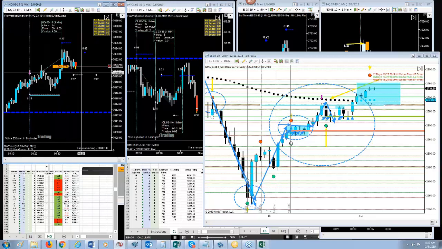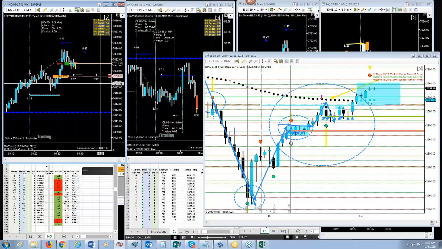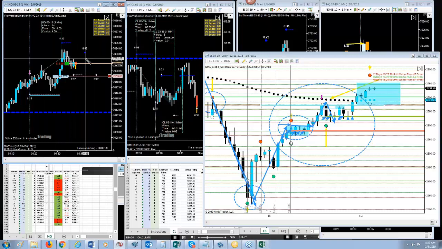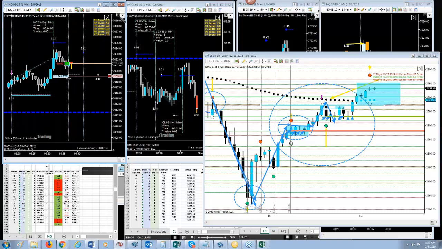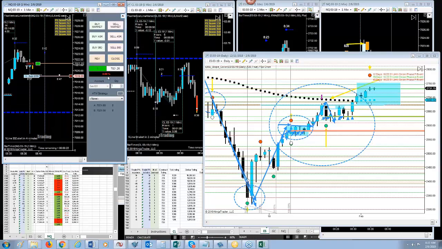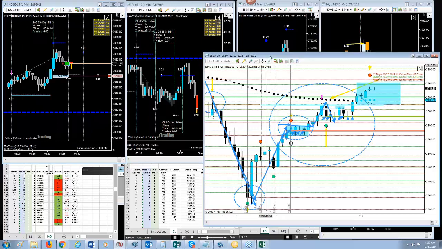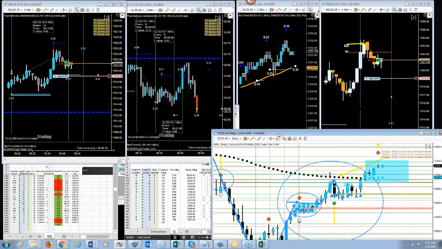Order filled. Our stop would go below the white dot. And now, as we're engaged in this signal, we're going to hold it until 8:42. CL, we don't have a signal coming up until 8:44.